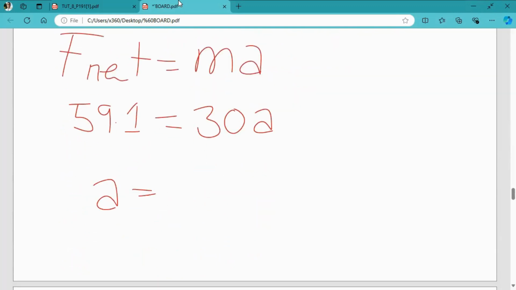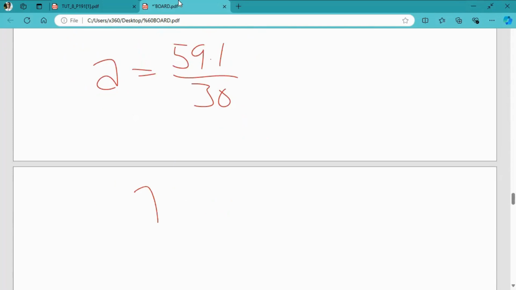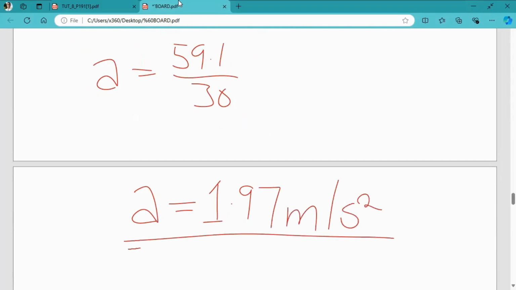So our acceleration will be equal to 59.1 divided by 30, which is 1.97 meters per second squared. So that is the acceleration.